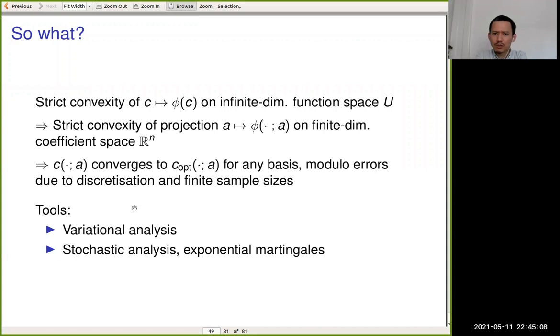Yes. If you have a different terminal set B, if you change that, then you have to do everything again. This is very specific because your hitting time or your first exit time tau is defined with respect to B. If you change that, then you change other things.